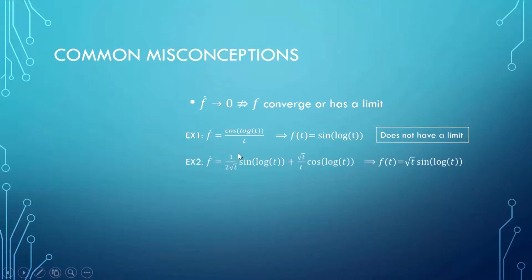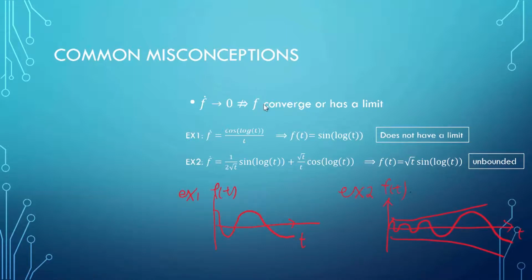So the second example is this. Again, as t goes to infinity, f dot is approaching 0, but f(t) never has a limit because of the sine function here. So this is the misconception, and it will be used to prove Barbalat's lemma. In the first example, f(t) looks like this.